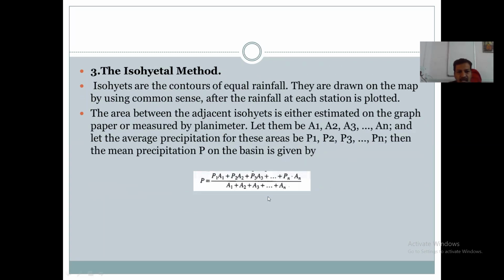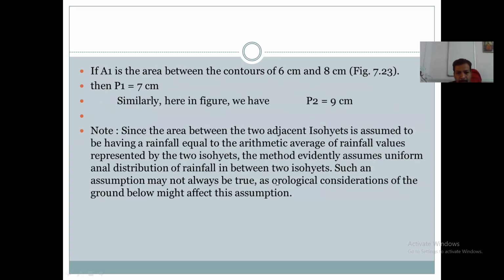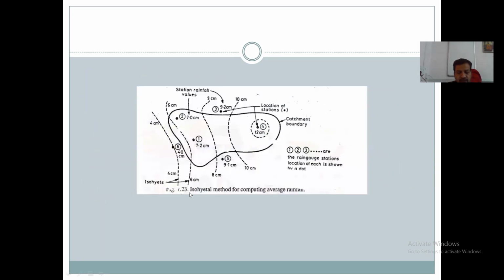And in the isohyetal method, the isohyets are formed, which show the contours of equal rainfall. In this diagram the isohyets of different rainfall records are shown: isohyet of 4 centimeter, 6 centimeter, 8 centimeter, 10 centimeter.